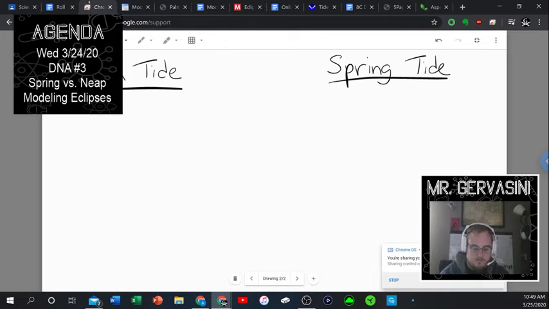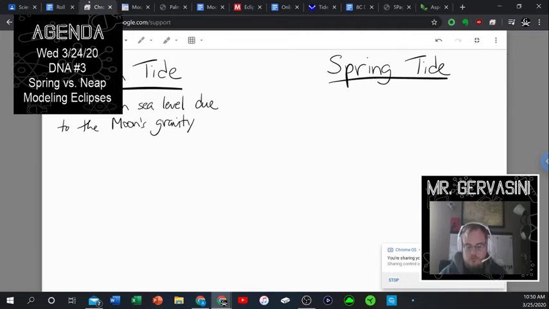High tide: an increase in sea level due to the moon's gravity.